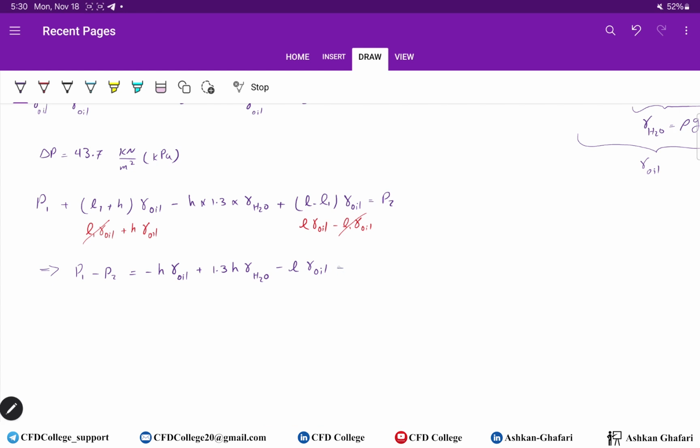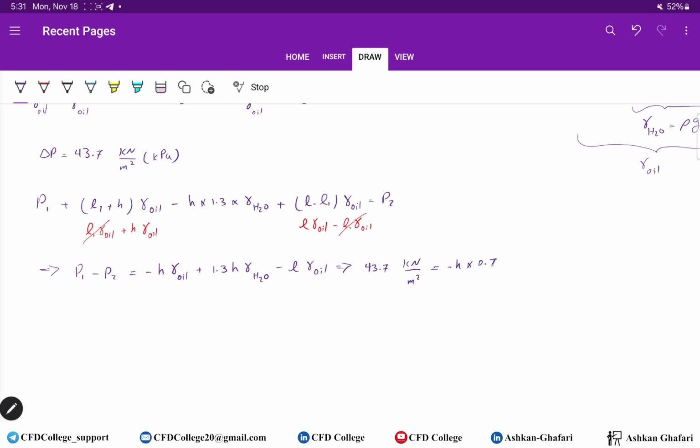Yes. So we have P1 minus P2, which is 43.7 times 10 to the power 3 because it's kilonewton, or we can deal with kilonewton per meter square, equals minus H times gamma of oil.